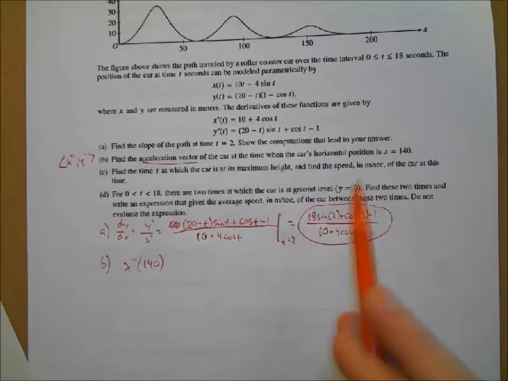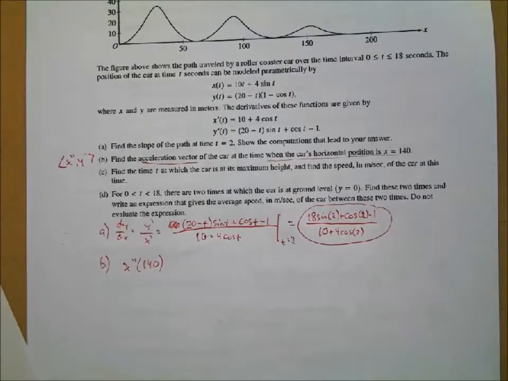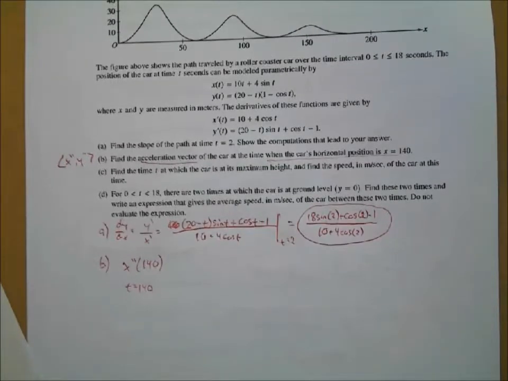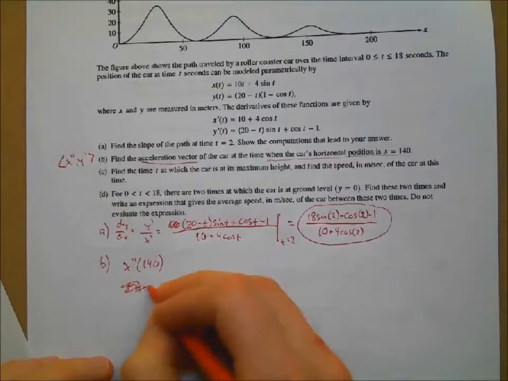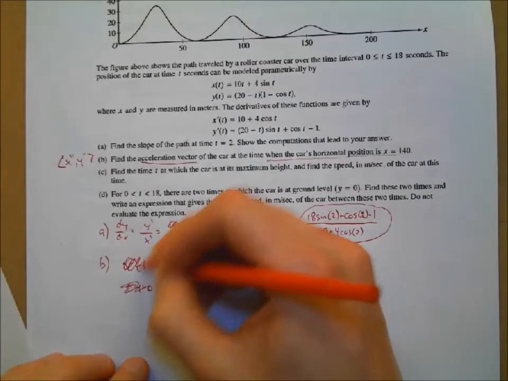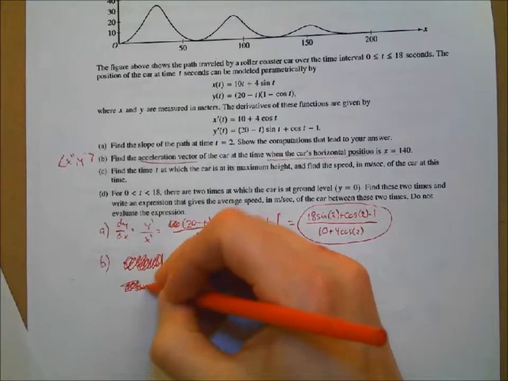We're only finding when the car's horizontal position is x equals 140 here. So we know that t is 140. Or sorry, t is not 140. X is 140. So me putting in 140 here was incorrect. Let me back up a step real quick. Sorry about that. Jumped ahead of myself.